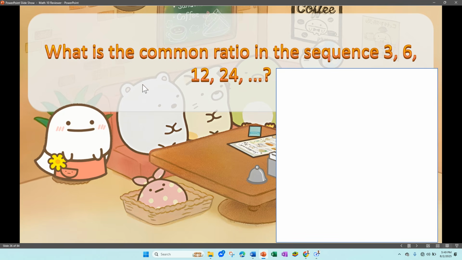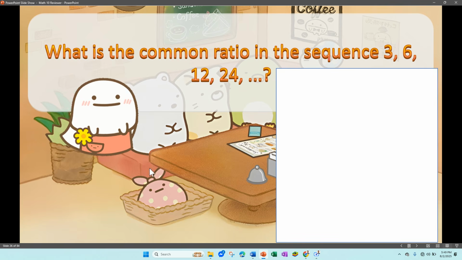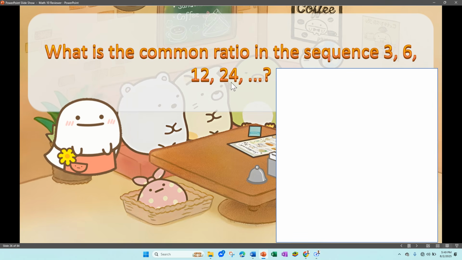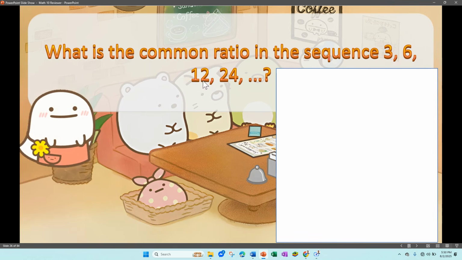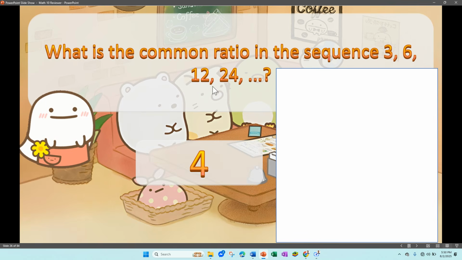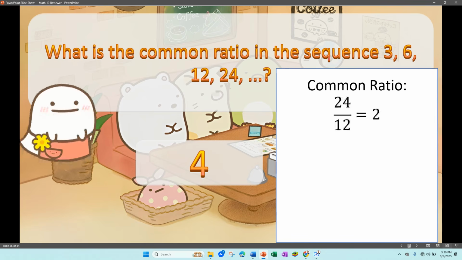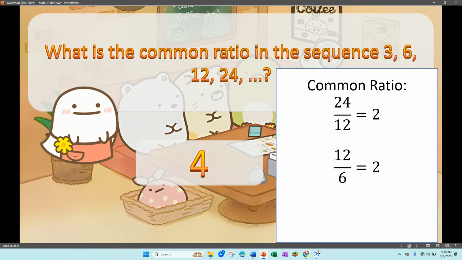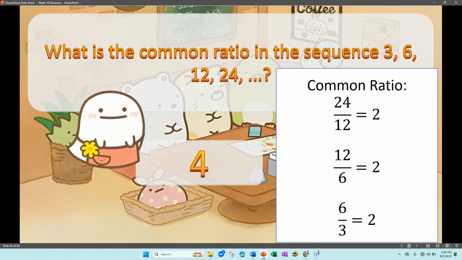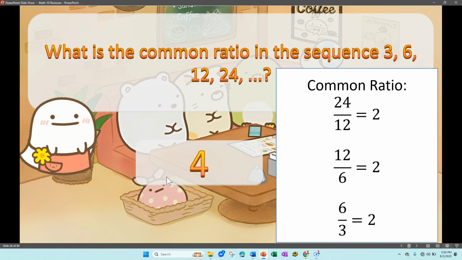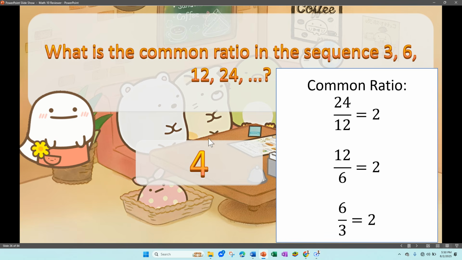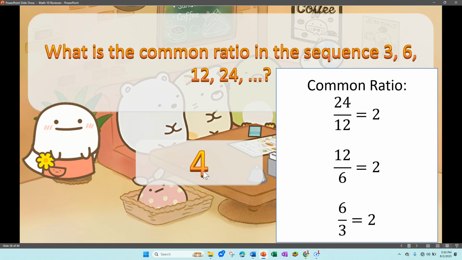Earlier in arithmetic, we subtract. Here in common ratio, we divide the last term by the previous. That is 24 divided by 12, 12 divided by 6, and 6 divided by 3. And the common ratio, the answer, is 2. Okay? So, no change. 2 is the common ratio.